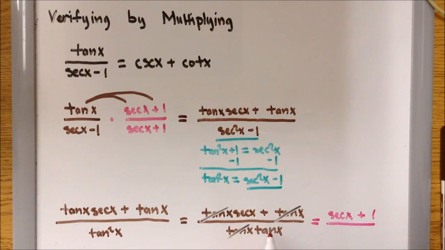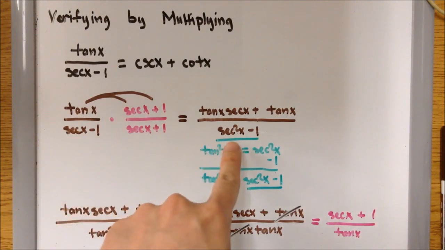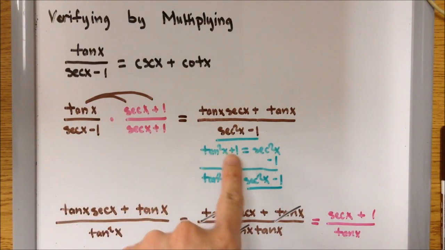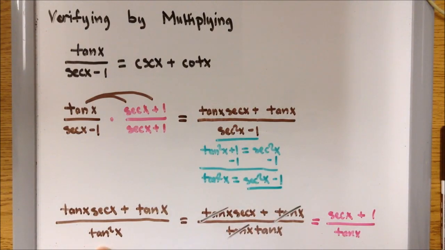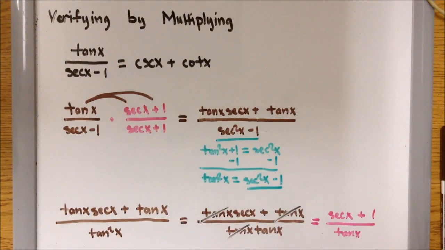And then tangent x divided by tangent x will be tangent x. Now, are we finished? Not yet, we still have a fraction. Multiplying by the conjugate changed secant x minus 1 into secant square x minus 1, and using the Pythagorean identity, we changed it to tangent square x. So we're still working to get it equal to cosecant x plus cotangent x.